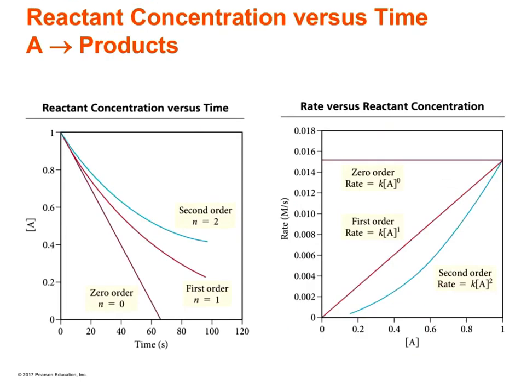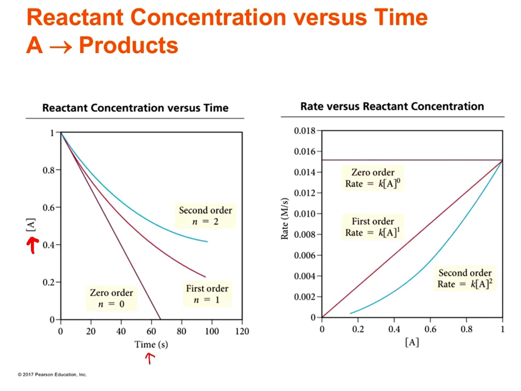All right, now let's look at a few graphs to visualize how the reaction rate or the concentration of a reactant can change over time. On the left, we have reactant concentration versus time, with the concentration of the reactant on the y-axis and time on the x-axis.